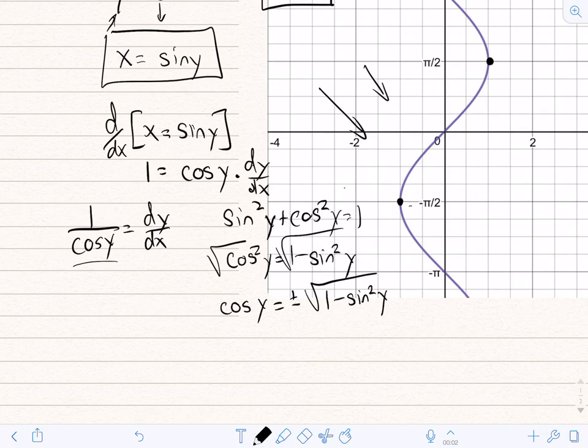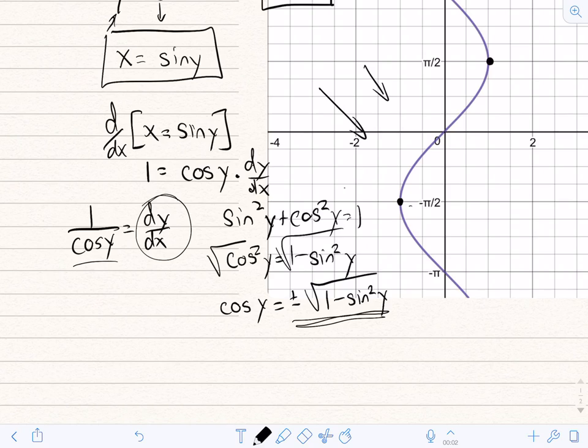Since we restricted the domain, and we're also talking about the slope of this graph, I have these two versions because of how the restriction ties into the trig.